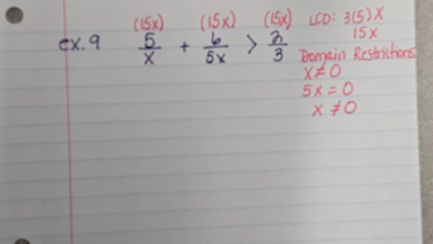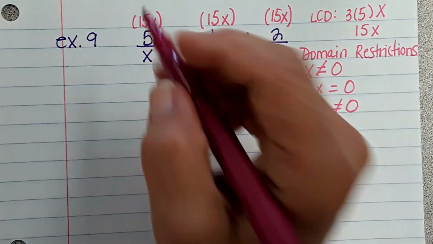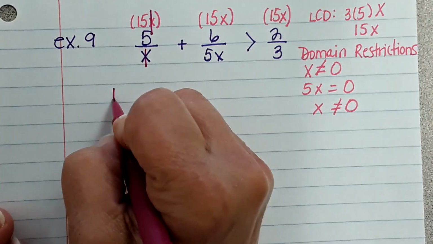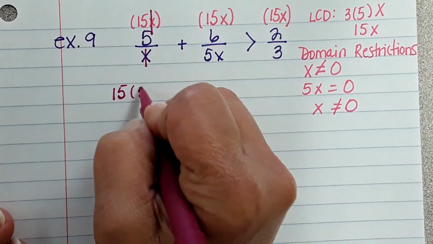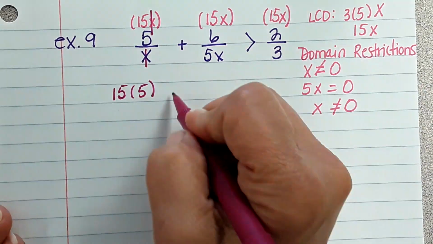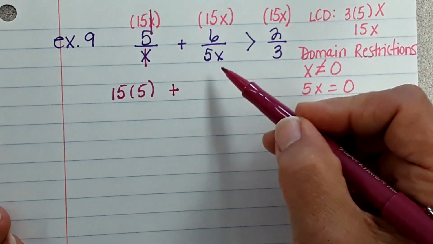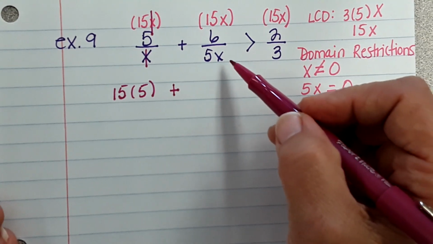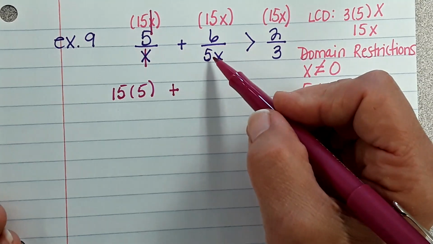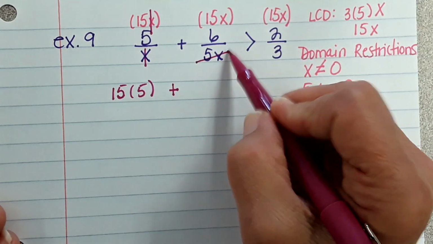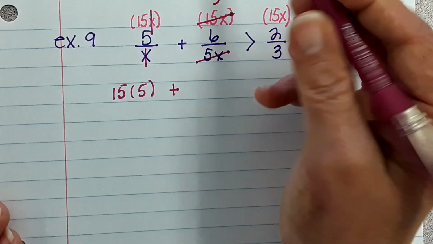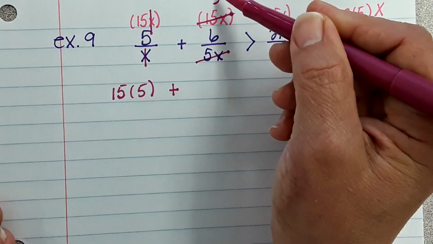Okay, so 15x times 5x, the x's cancel out, and I'm left with 15 times 5. The x is canceled out, 15 times 5. Over here, 15x times 6 over 5x, the 5x and the 15x cancel out, and you're left with 3, because 15x divided by 5x is 3.